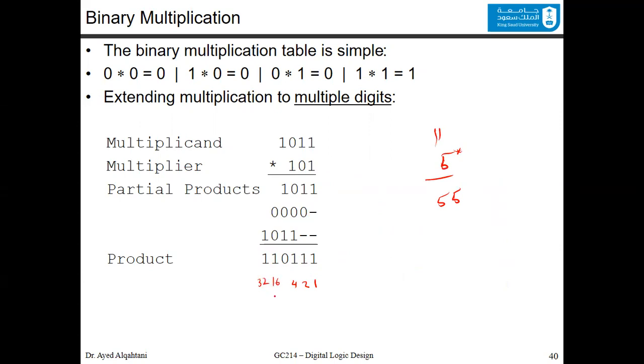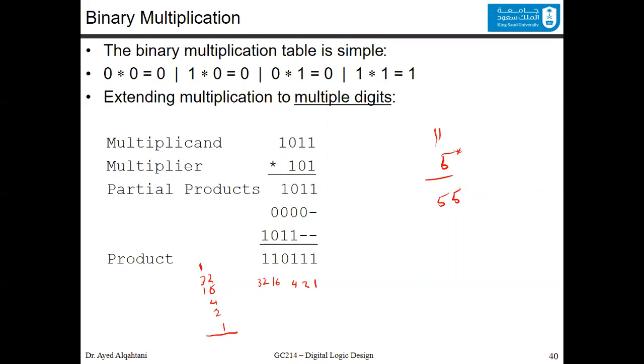If you add 32 and 16, 4, 2, and 1, you could say that 6 and 4 is 10, so there is a carry 1 here.